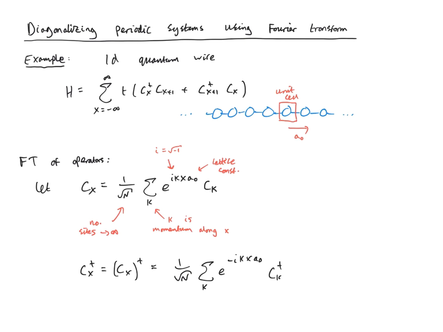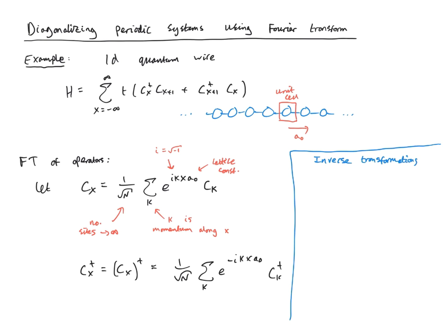These two equations tell us how I can write cx's in terms of ck's. I can also do the inverse transformations and write down the ck's in terms of the cx's. And I can do that because the Fourier transform is invertible. So let me just write that down in this little box here, so we have it all on one page.